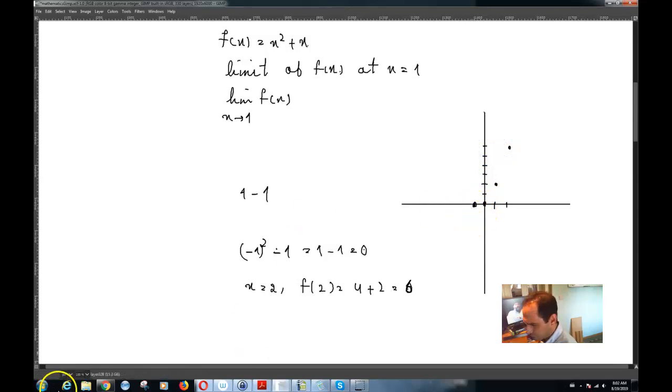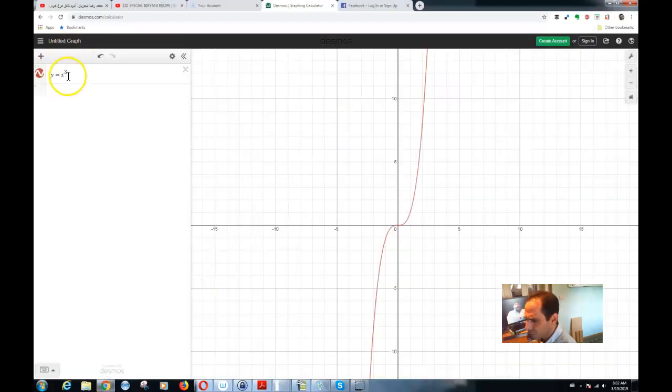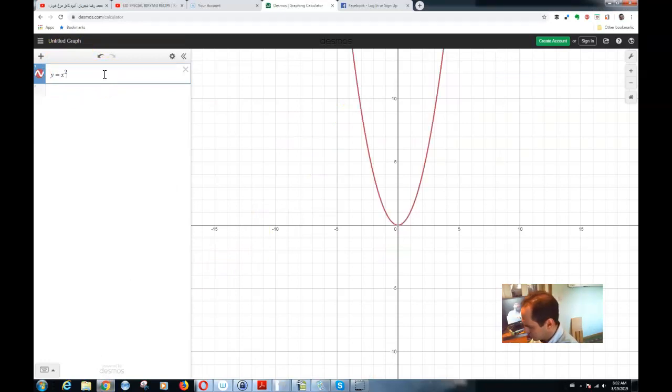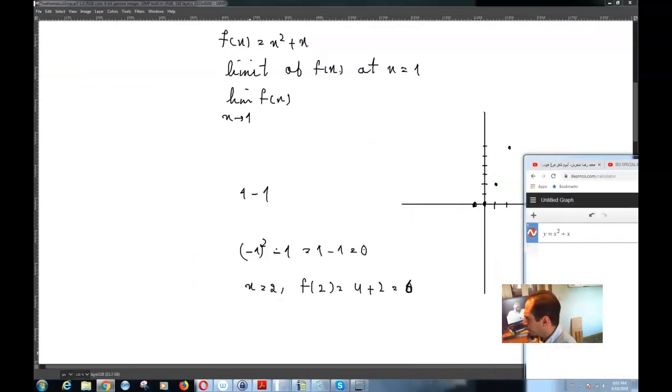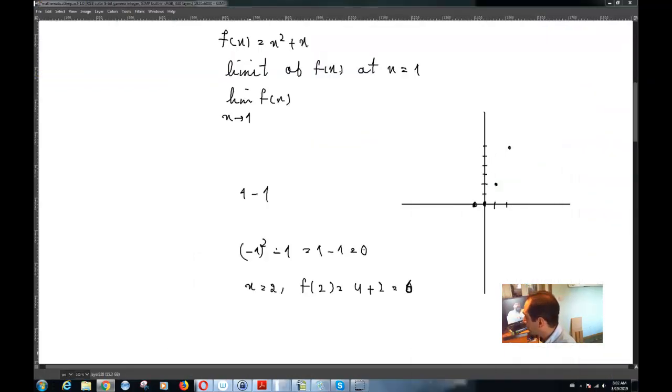And let me take a look at the graph of this function, x squared plus x. Okay, so you see that the function goes through the x-axis at these 2 points, at x is equal to 0 and at x is equal to negative 1.